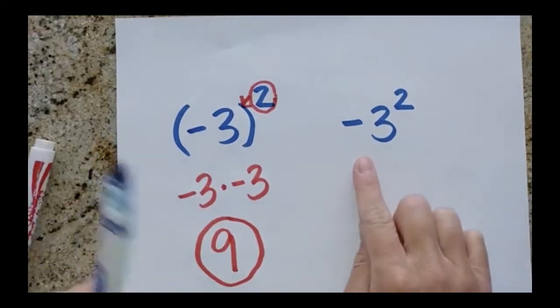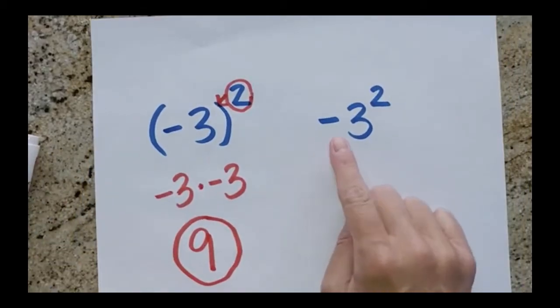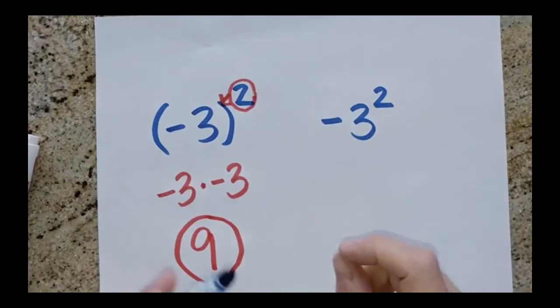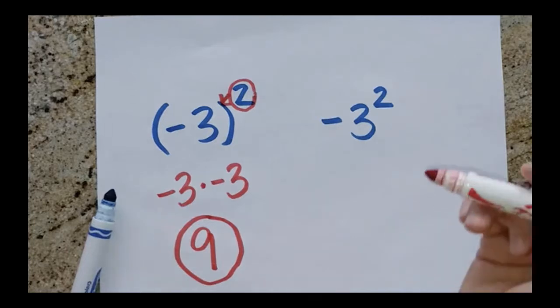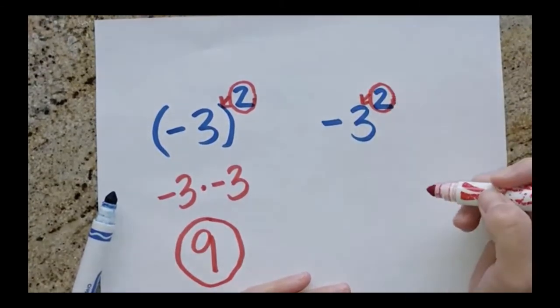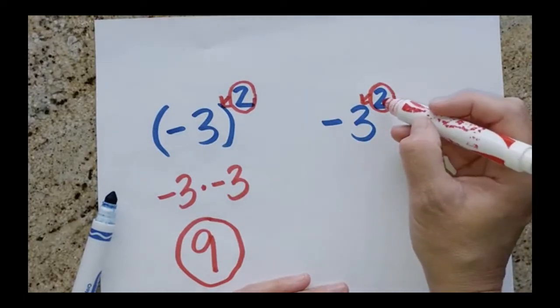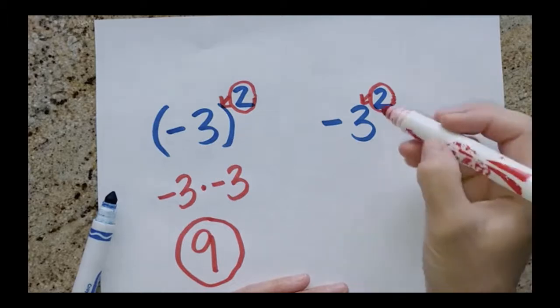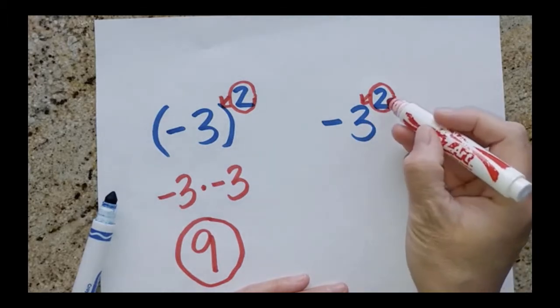Over here, this power would be read the opposite of 3 to the second power. Now remember, the exponent applies to whatever it's touching. In this case, the exponent is only touching the 3. There's no parentheses. So this exponent is only applying to the 3. So we're only going to evaluate 3 squared.